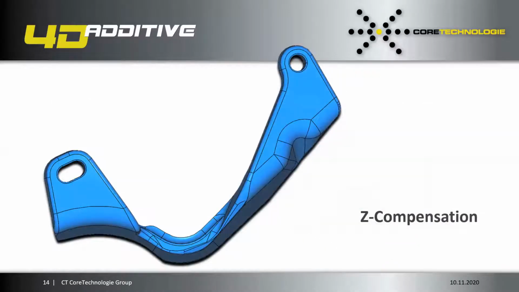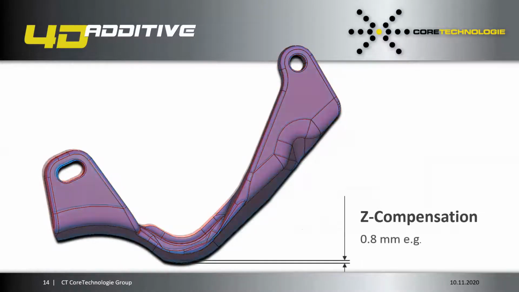So this Z compensation shown here in this case is shrinking the model in Z. And here in this case, we have an example of a setting where you are also free to change the value. In this case, 0.8 millimeters.